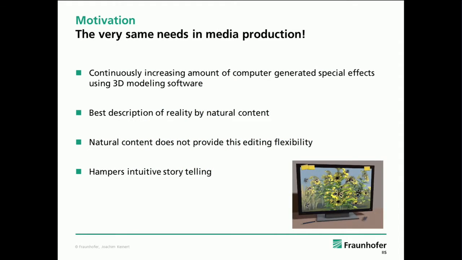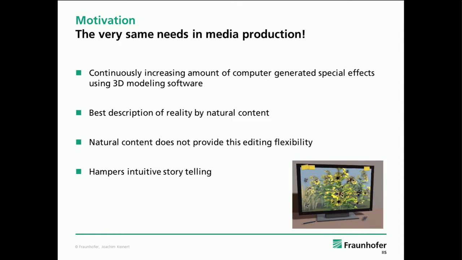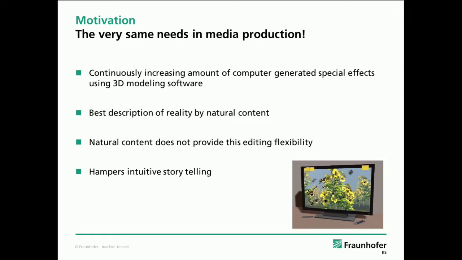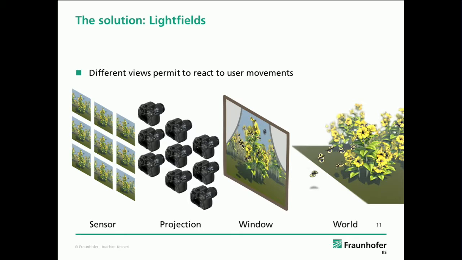So what does this mean now? Of course, we typically have the need to have more special effects in moving picture technology. We want to have the best description of reality by the natural content. But the natural content today does not provide this editing flexibility. We do not have these 3 dimensions today. But we want to get this.